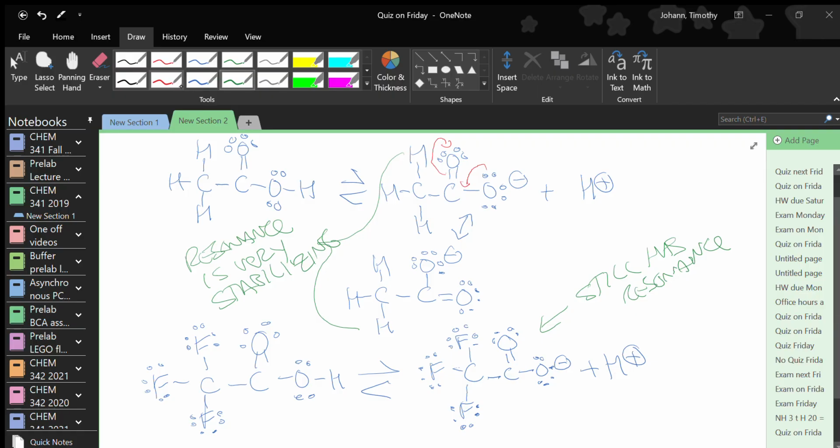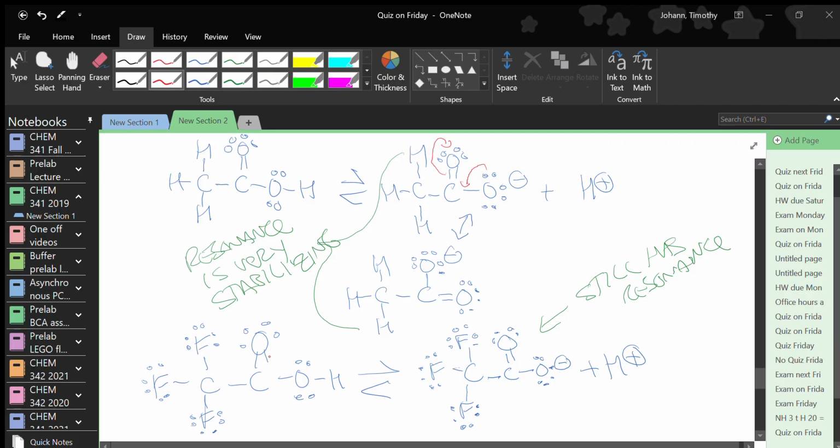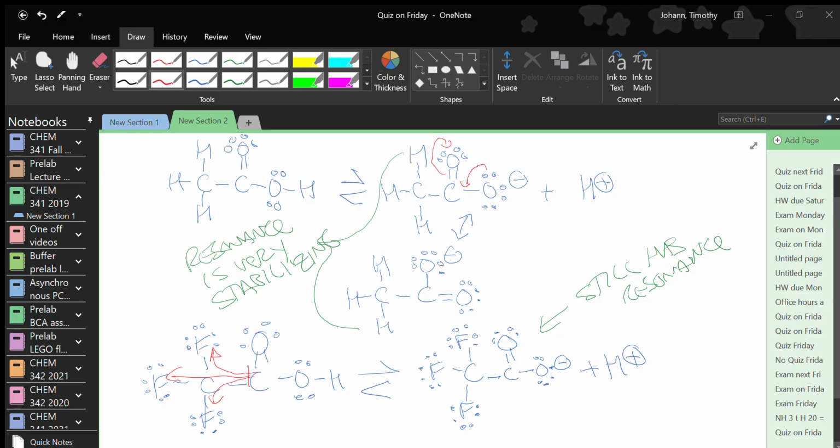So if we think about over here, because we have fluorines, you can imagine we're pulling electrons towards all of them. If we pull electrons towards these, we're pulling them away from the oxygen. And the oxygen is like, hey, I don't want to share with that. And so it's going to grab those electrons off of the hydrogen.